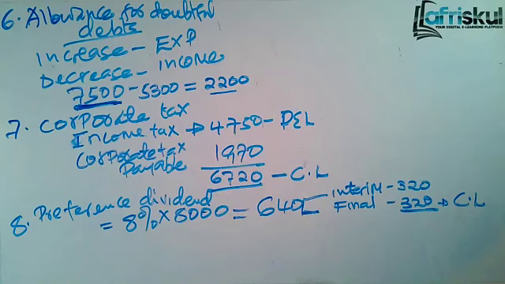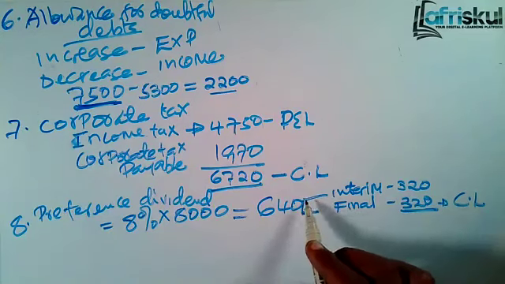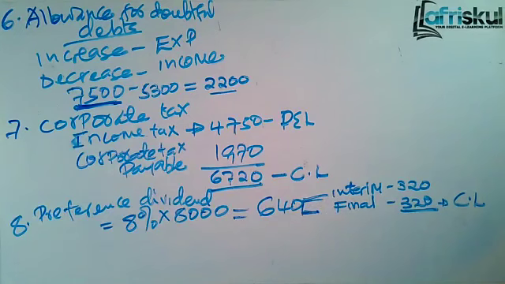I'll repeat: I've taken the 8% to know the whole preference dividend this company is supposed to pay, which is 640. The interim paid was 320, so the final remaining is 320, and you take this value as an accrual on the current liabilities.